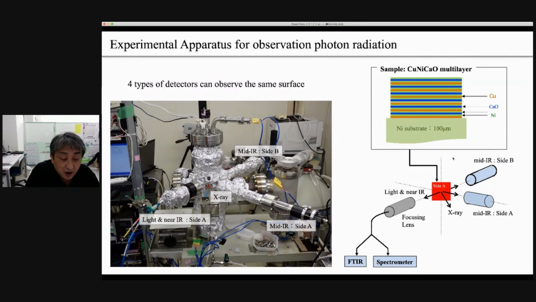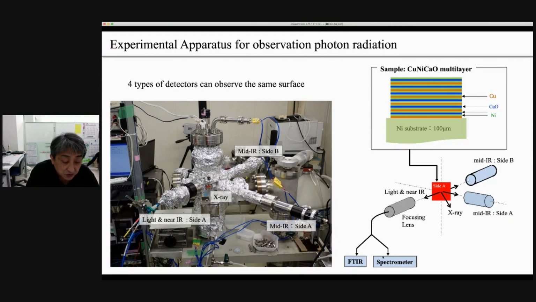This is an outline and a photograph of the experimental equipment. Four types of detectors are installed to observe one side of the sample. Near infrared and visible light are guided by optical fiber through the focus lens. The spectrum measurement is performed by FTIR and spectrometer. And mid-infrared light is measured by a mid-infrared detector through the barium fluoride windows.